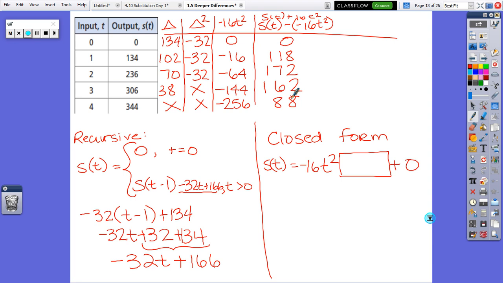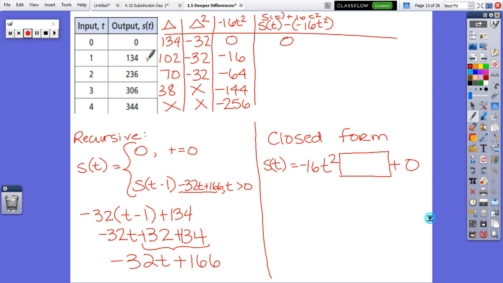Oh, duh. So I was telling you this the whole time, and I was doing what I shouldn't have been doing. If you're subtracting a negative, you're adding, so these are all going to be positives.